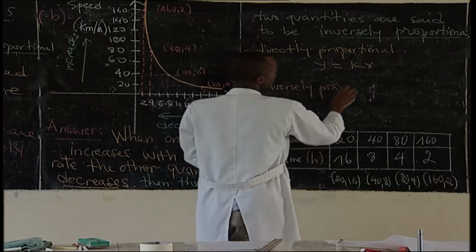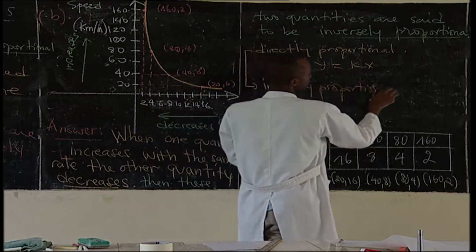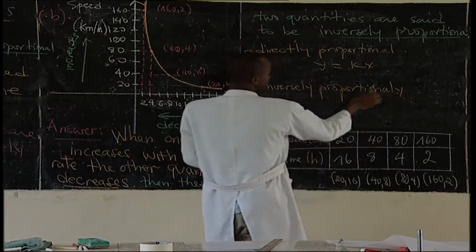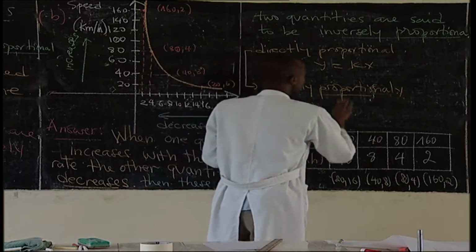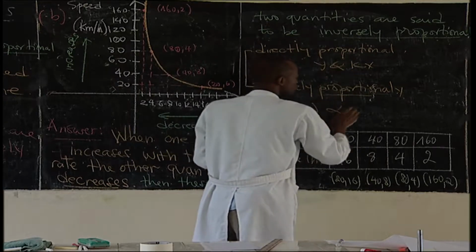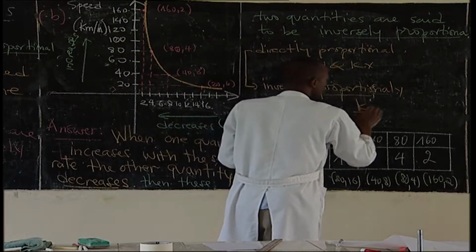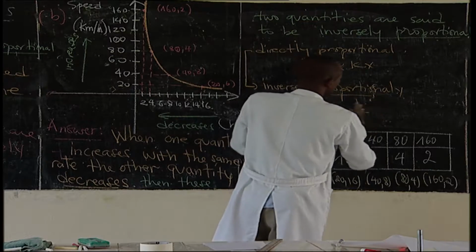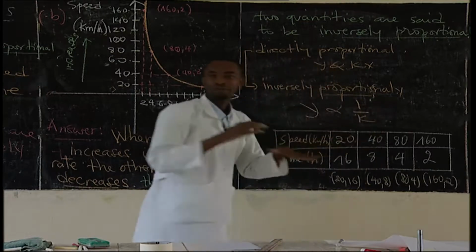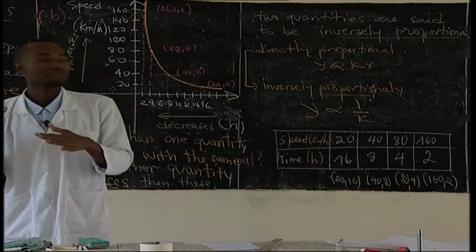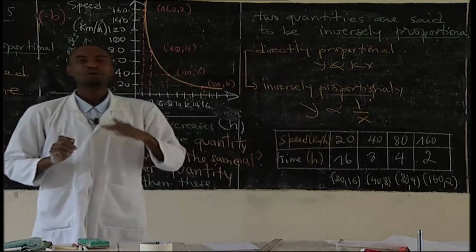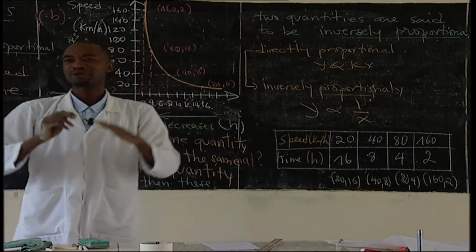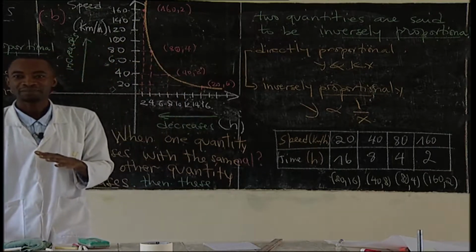This is when y is proportional to k over x, of course, to 1 over x. When it's written like that, because of x, it is because when one has been increasing, the other one has been decreasing.